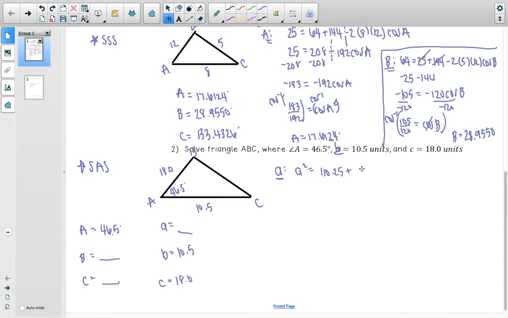And then we have this 18 squared, which is 324, minus 2 times the 10.5 times the 18 times the cosine of 46.5.